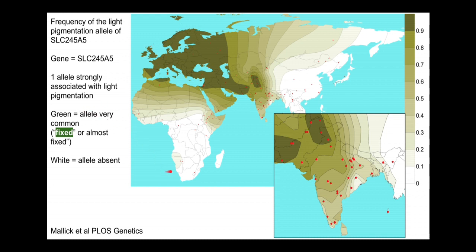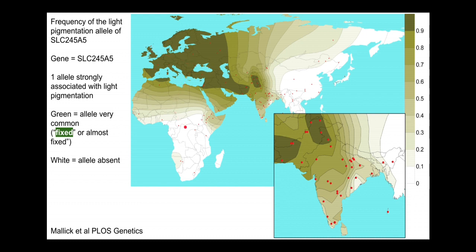Areas that are white, that is where the allele is almost completely absent, whereas with the darker colors, darker green, the allele is more common, until you get to green, where it is entirely fixed in Northern Europe, the Scandinavian countries, Russia, England.